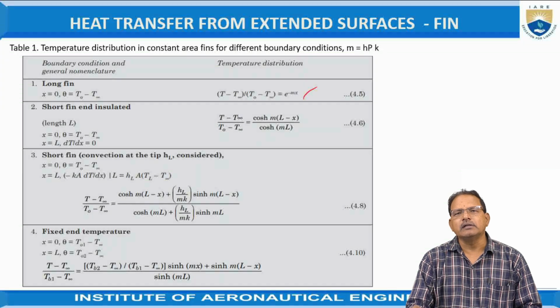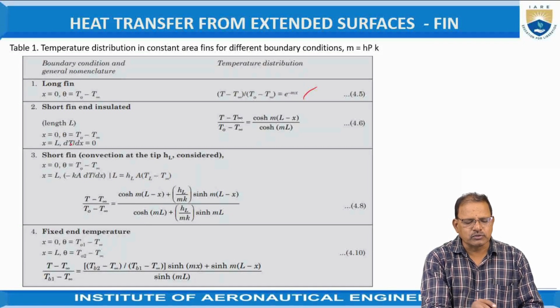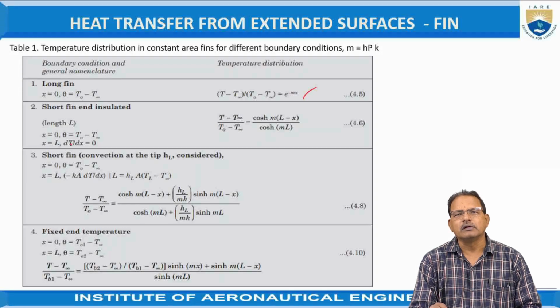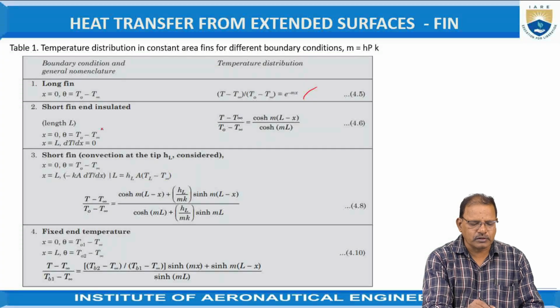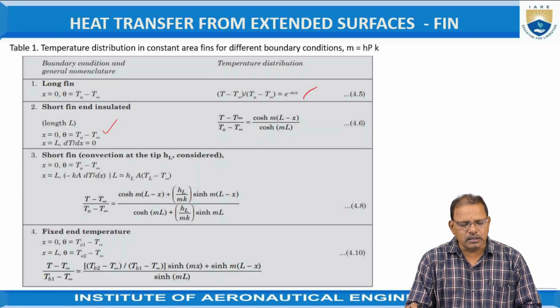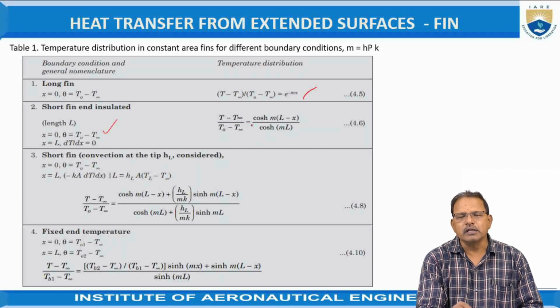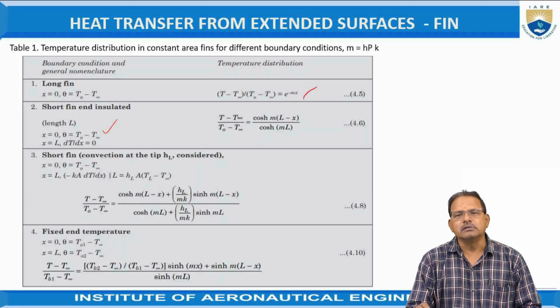When the fin is short and its end is insulated, at x is equal to 0, theta is equal to T0 minus T∞. Similarly, at x is equal to L, dT/dx is equal to 0. So we get (T minus T∞) divided by (T0 minus T∞) is equal to cosh m(L minus x) divided by cosh mL.